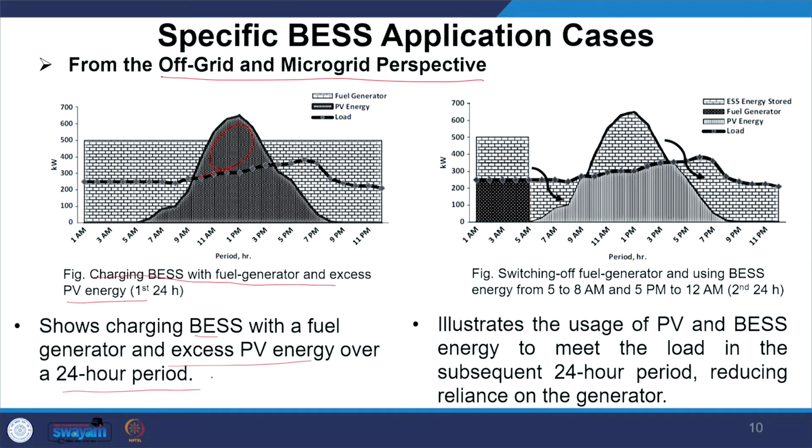Now, what I do suggest here, the next example illustrates switching off the fuel generator and using BESS energy from 5 to 8 am and 5 pm to 12 pm. That means it illustrates the usage of PV and battery energy to meet the load in the subsequent 24 hour period, reducing the reliance on the generator.